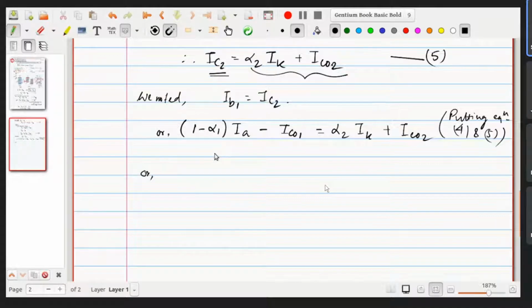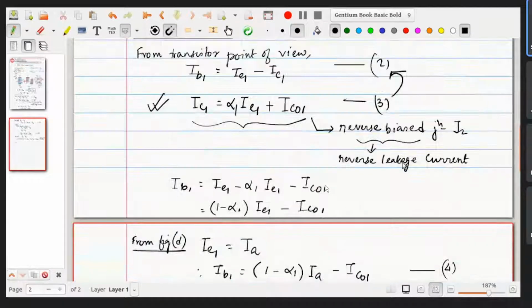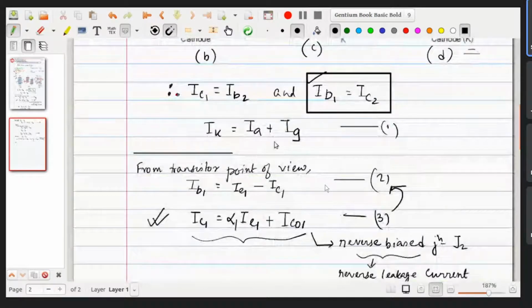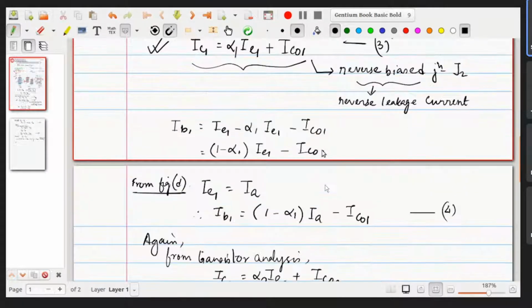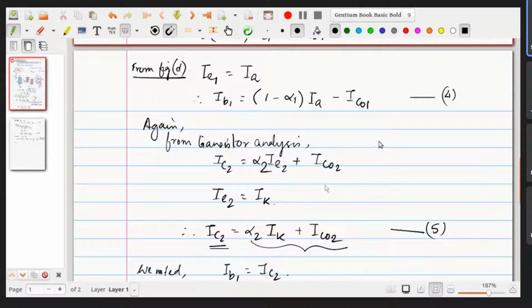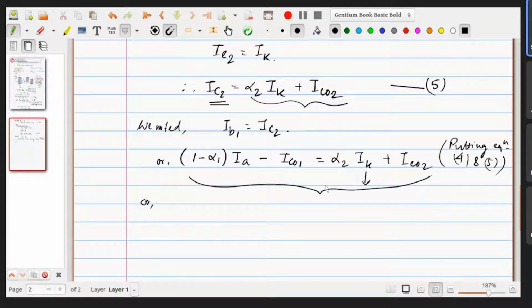So now if we put the value, now what is IK? IK is nothing but, as we observed, in the first equation we noted that this is the anode current plus the gate current. So in this particular case, say this particular equation is the 6th equation.